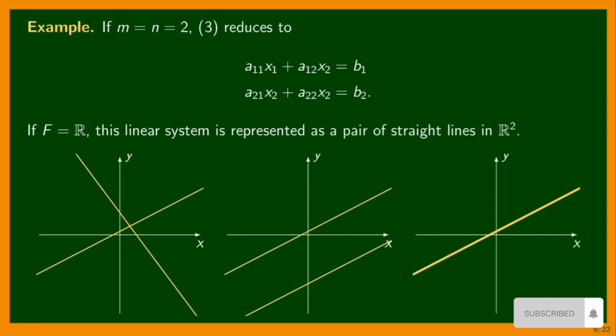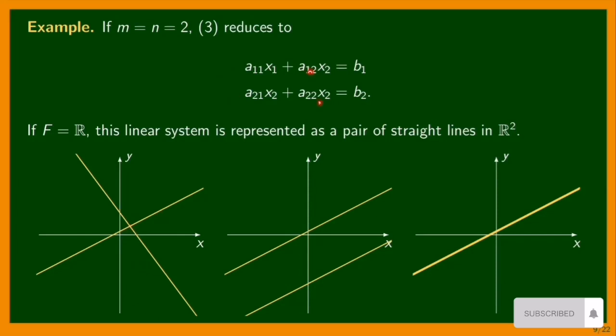So therefore, this is a pair of straight lines. For this to be satisfied, we need to find a point that satisfies both equations at the same time. Hence, we are actually looking for the point of intersection. So when these two lines intersect, the point of intersection is the unique solution in this case.